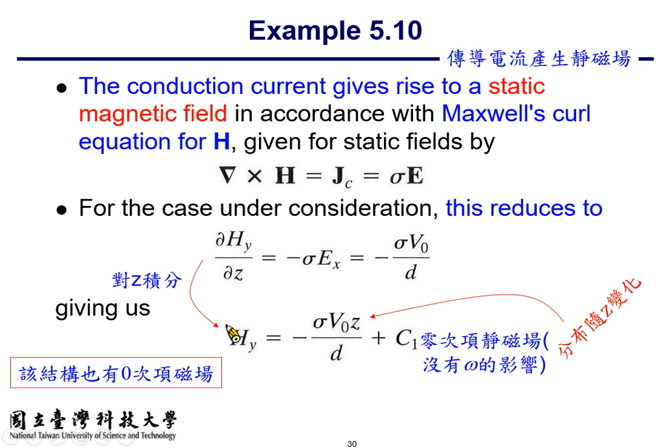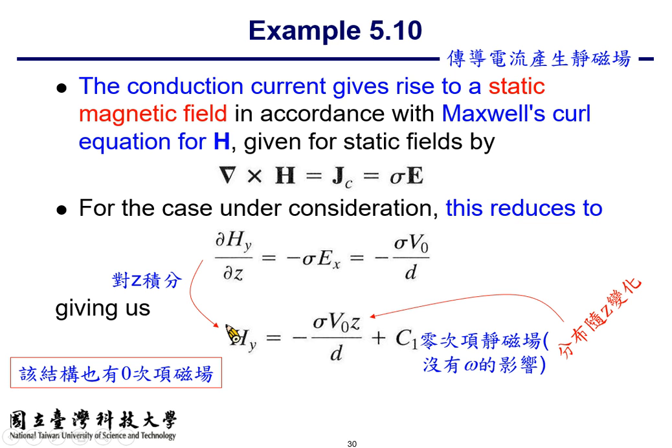The curl of H equals J, which is the product of sigma and E. In this one-dimensional case, the magnetic field is in the y direction, and it can be found by taking integration with respect to the z direction.